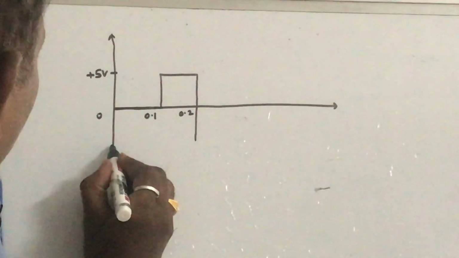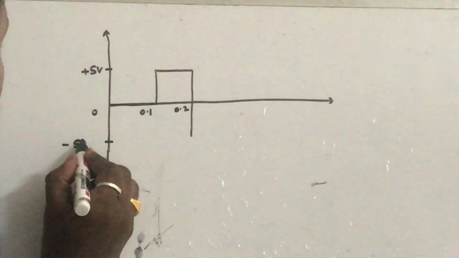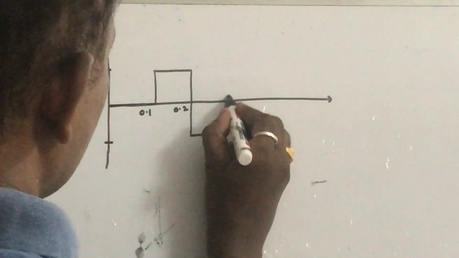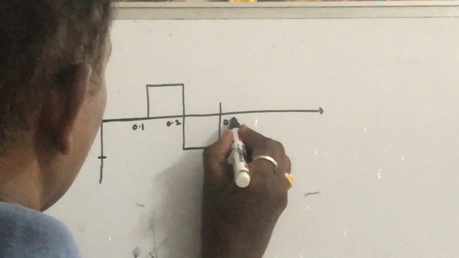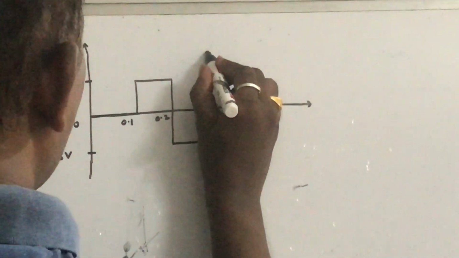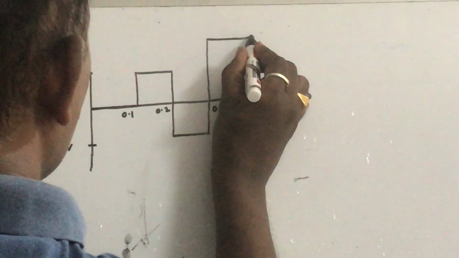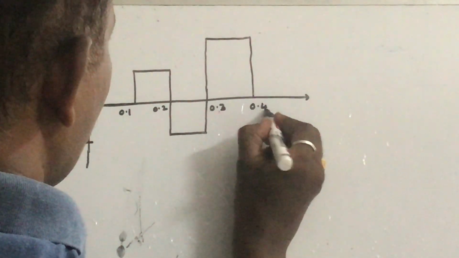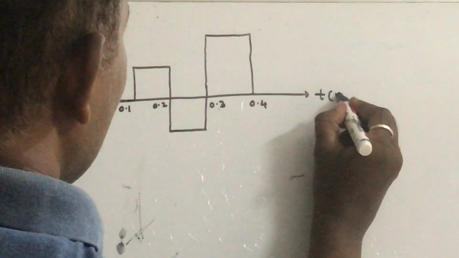From 0.2 to 0.3, the voltage is minus 5 volts. Later, from 0.3 to 0.4, the input amplitude rises to 10 volts till 0.4. This is the input waveform, with time in milliseconds.